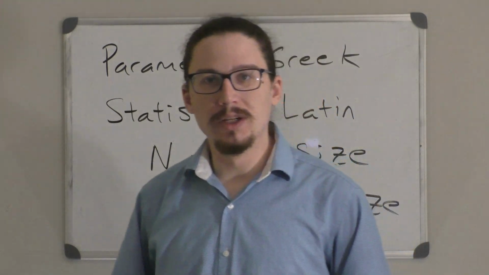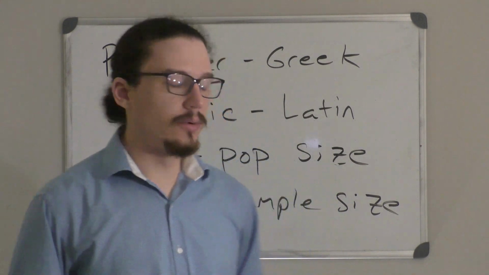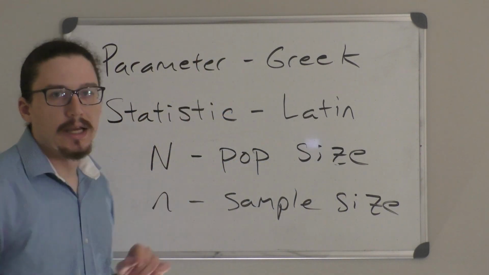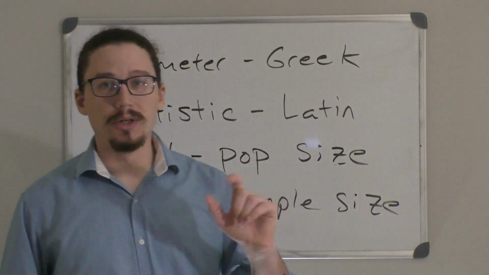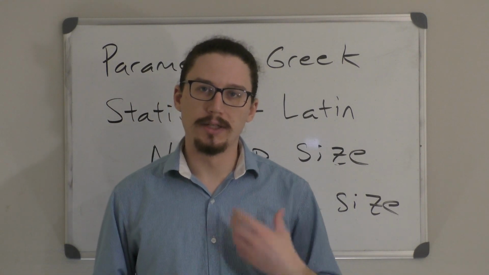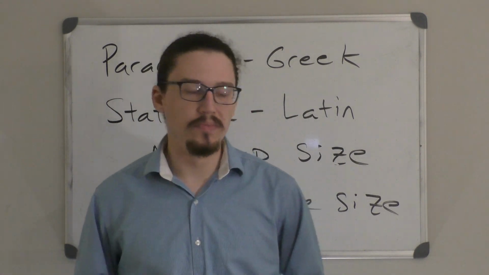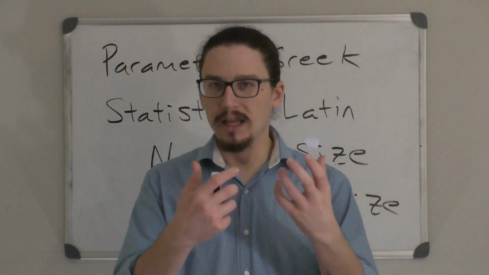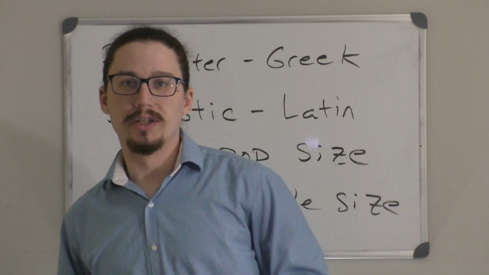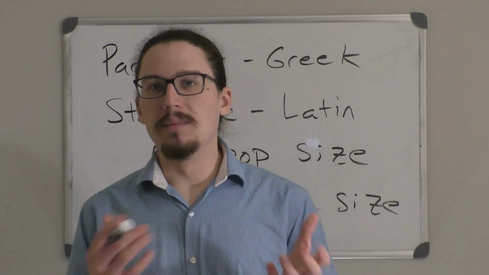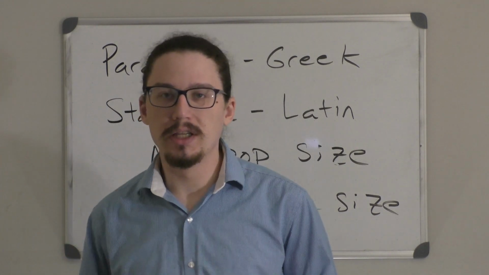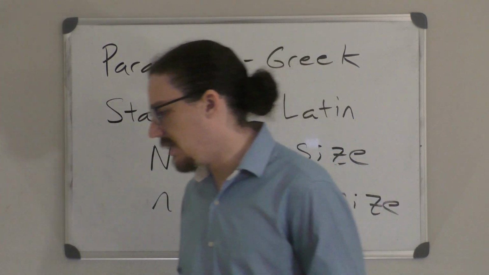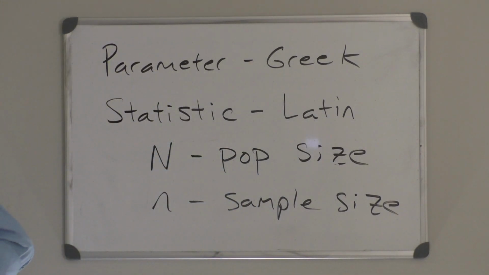Now, functionally, it doesn't really make a difference, but notation-wise, it is important that we identify whether we're talking about a population or a sample. The number of observations is not going to make a difference in how you calculate things, but notation-wise, it is important.